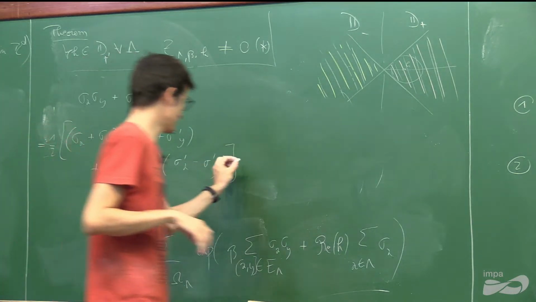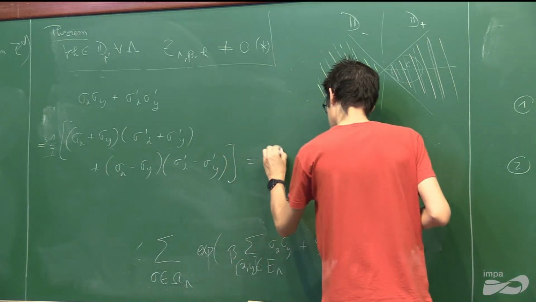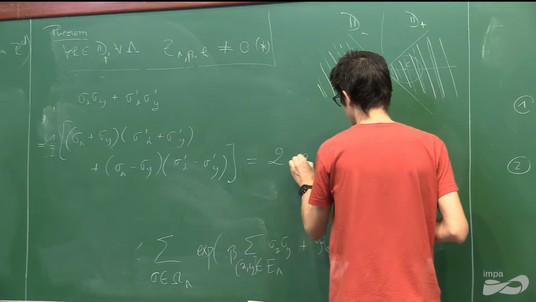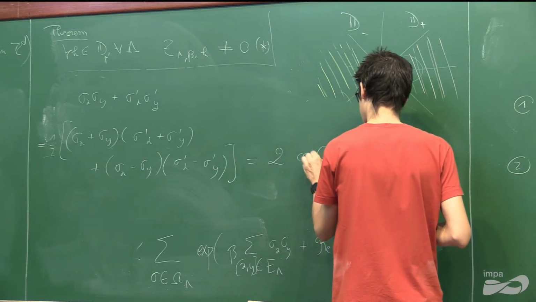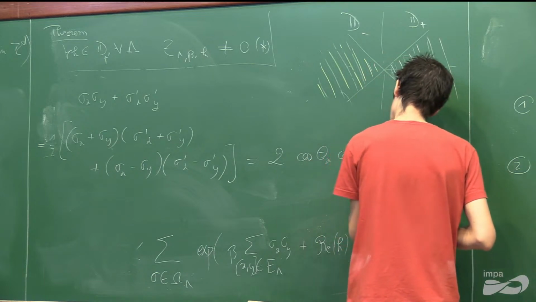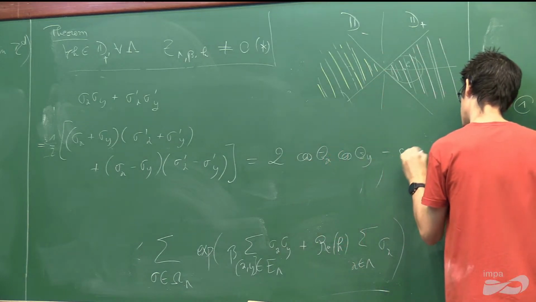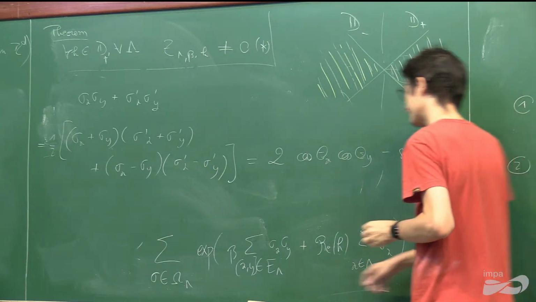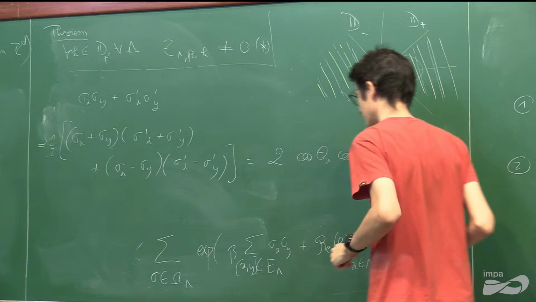So this thing is just 2 times cos theta x cos theta y minus sine theta x sine theta y, no, plus.